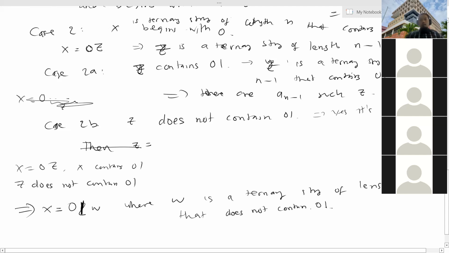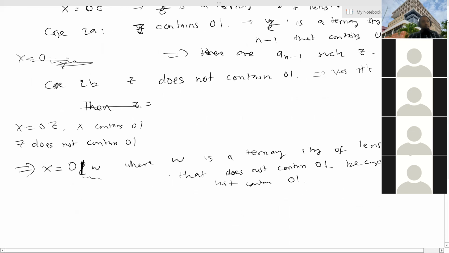So therefore, how many such W? It's 3 to the power of n minus 2 minus a_{n-2}.